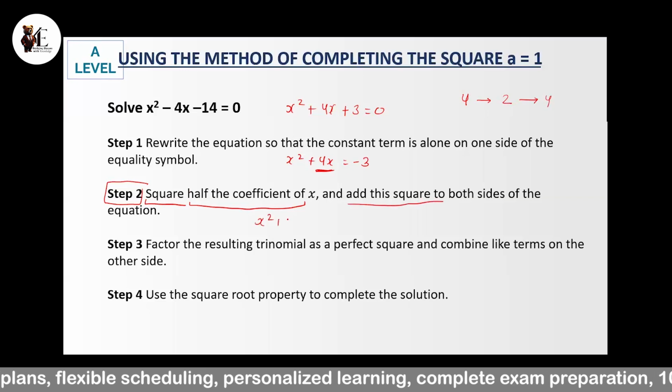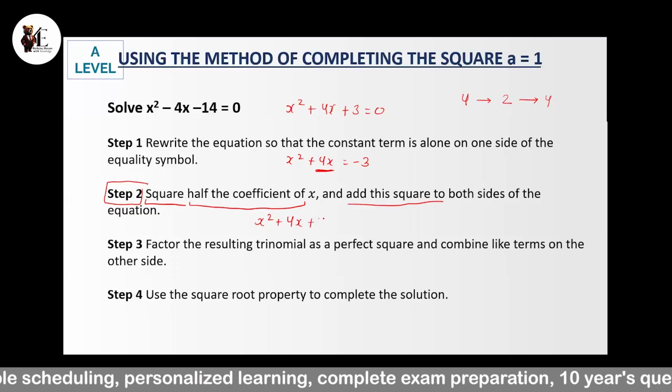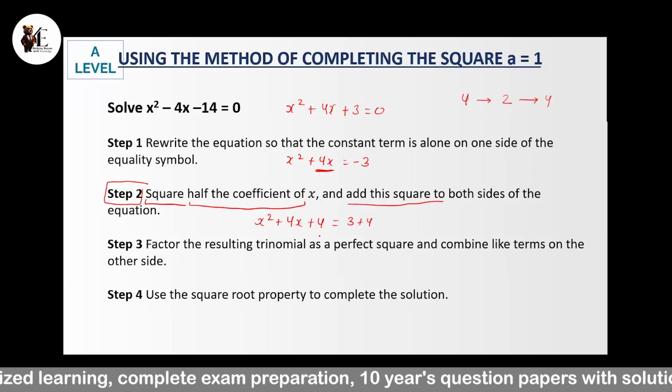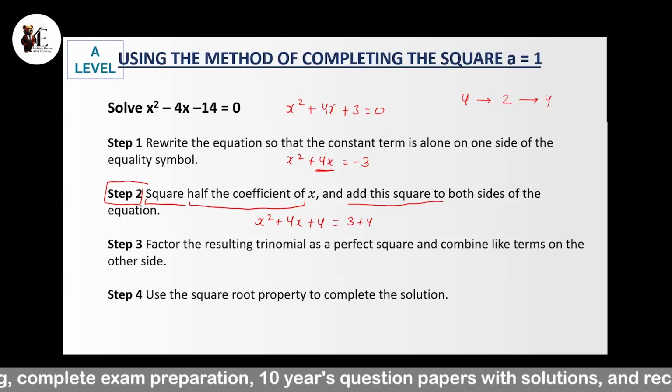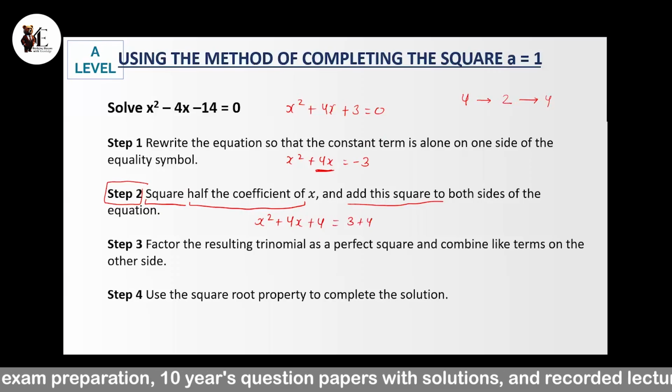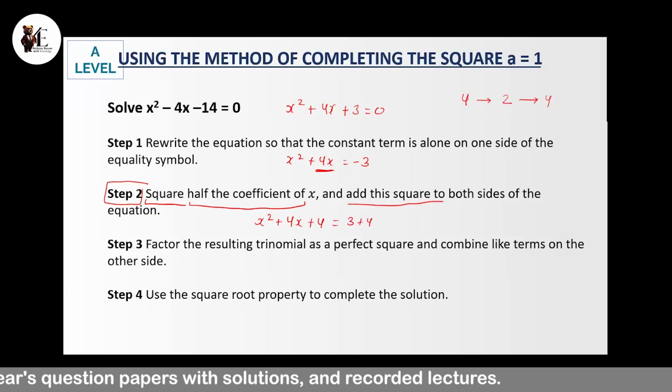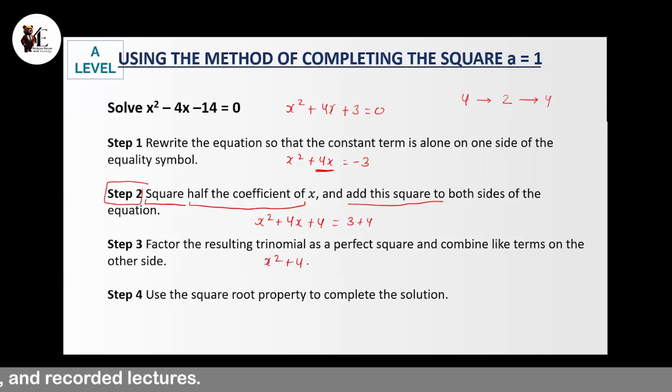So x square plus 4x plus 4 is equals to 3 plus 4. So firstly, find the coefficient of x, then do half of it, and then do the square of it and add the square on both sides. So this will become x square plus 4x plus 4 is equals to 7.